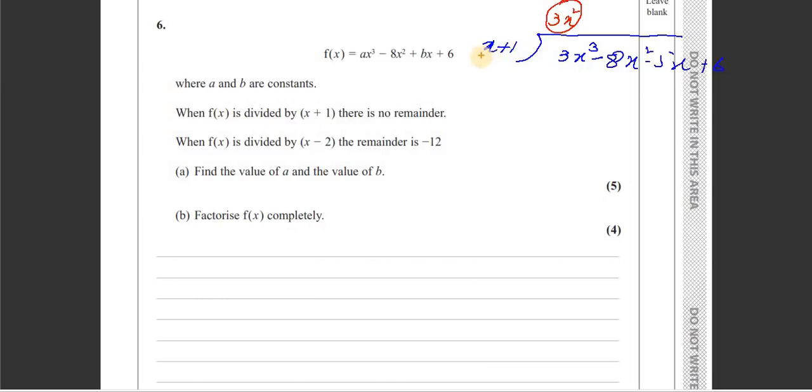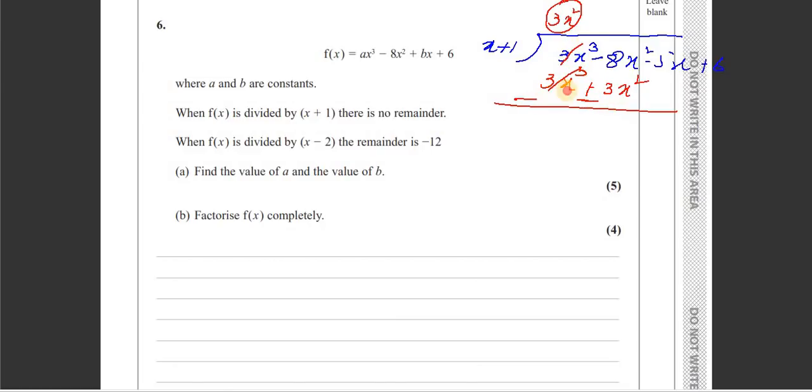So 3x squared multiplied by x, 3x cubed. We always get the same term with the same sign, and then 3x squared is multiplied with the plus 1, so you have plus 3x squared, and then you change the sign to subtract.